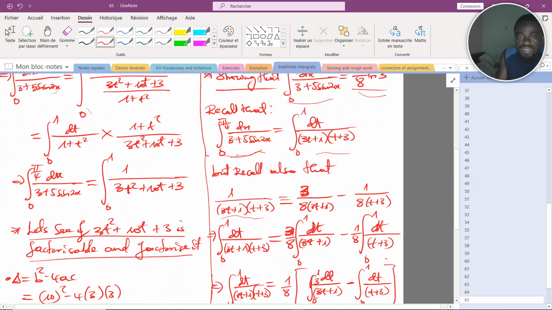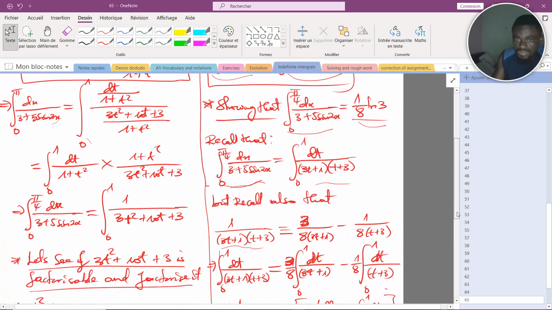So this integral will be equal to what? I'll just bring this integral inside. So I'll have 3 on 8 integral from 0 to 1 of dt all over 3t plus 1, minus 1 on 8 integral from 0 to 1 of dt all over t plus 3. Is that okay? Okay, let's proceed.